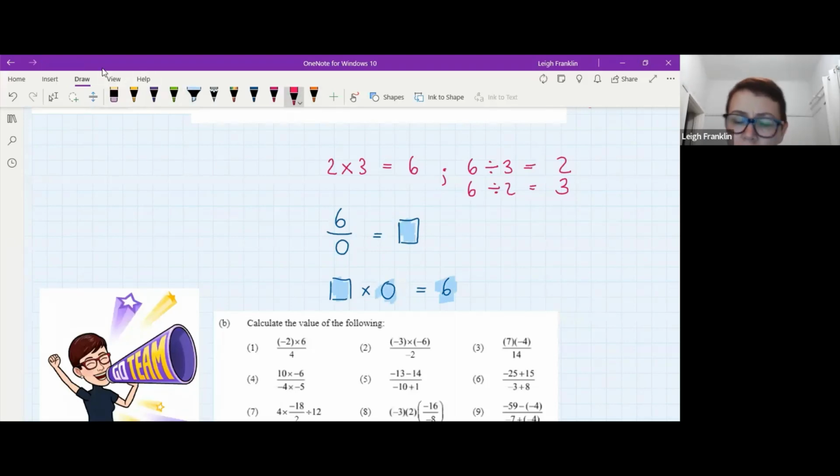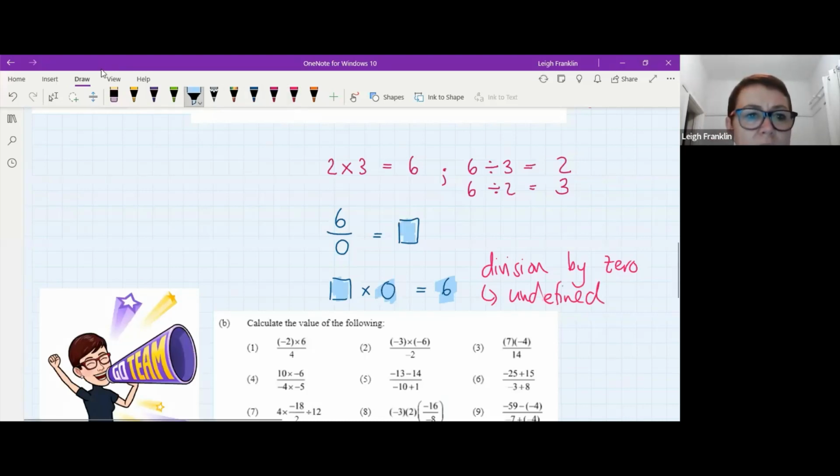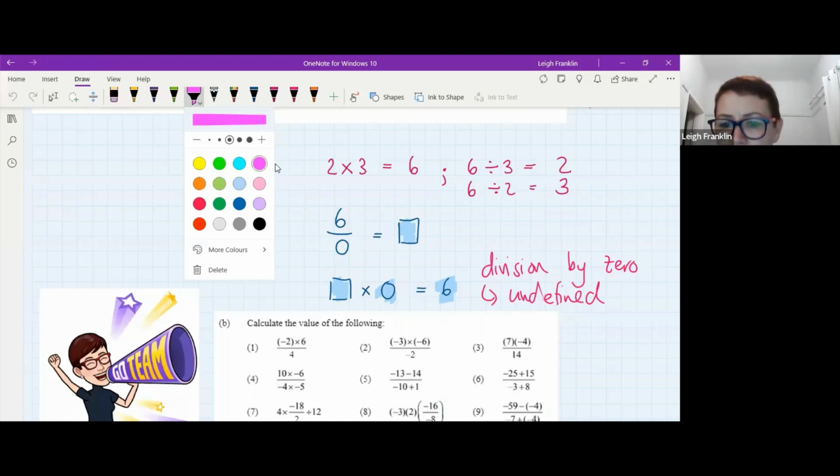So there is no division by 0, because when we multiply by 0, we cannot get a number that isn't 0. Division by 0 leads to something that is undefined. In maths, we give it a name and we say that it is undefined.